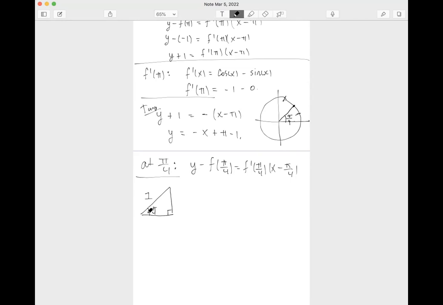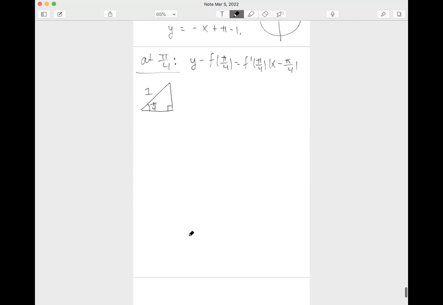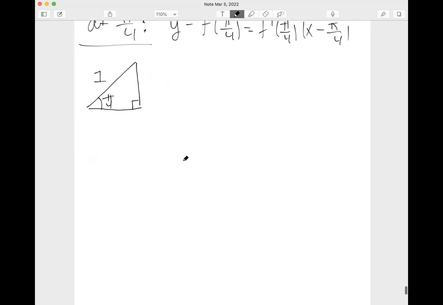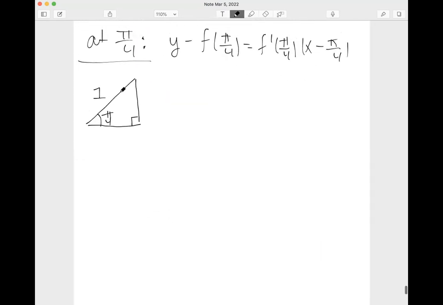So the unit circle has hypotenuse 1, right? That's what it means to be unit. And pi over 4 is just 45 degrees, right? So you actually get an isosceles triangle if one of your angles is 45.